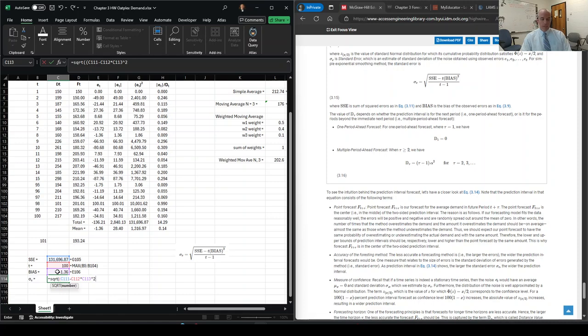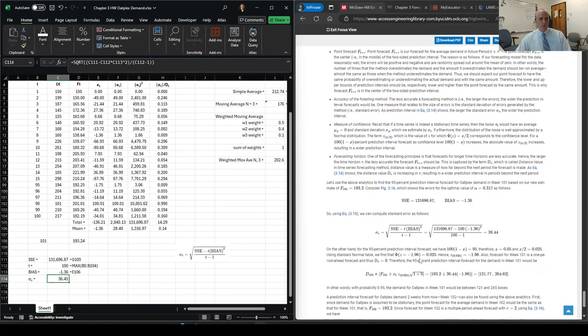So I'll square the bias. That's the numerator underneath the square root. And then we have a denominator of time minus 1. Close and close, 2 ending parentheses. That gets us 36.44.